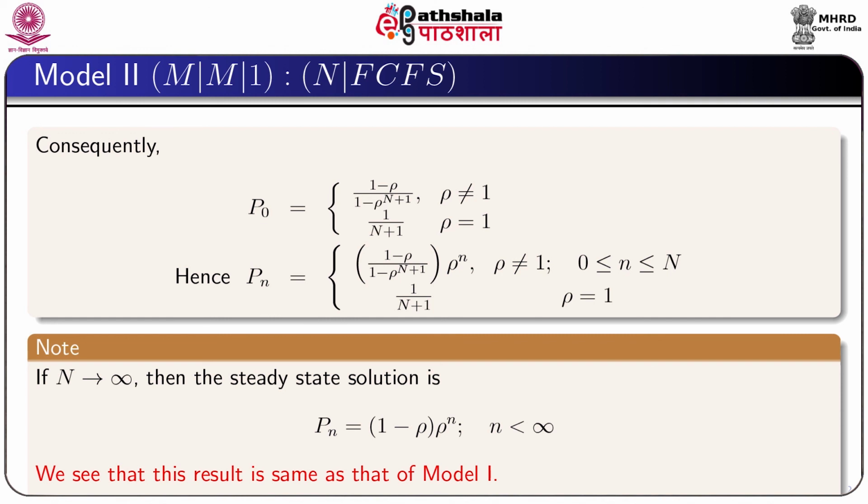It is to be noted that when capital N tends to infinity, the steady state solution P_n would be equal to (1 minus rho) into rho to the power n, and this result is the same as we obtained in model 1.